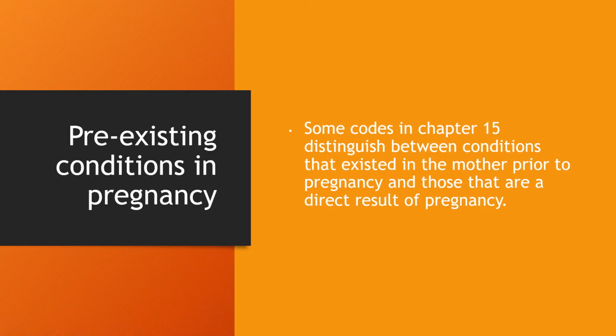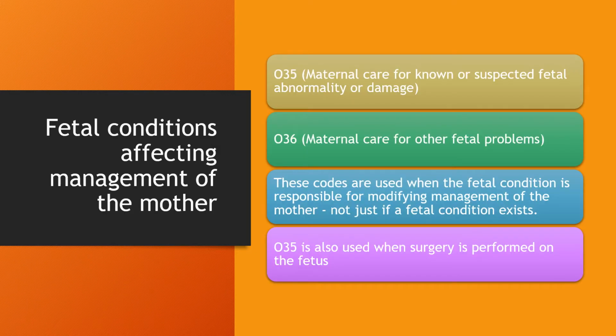Pre-existing conditions in pregnancy. Some codes in this chapter will distinguish between conditions that existed in the mother prior to the pregnancy and those that are a direct result of the pregnancy. This chapter also contains codes for fetal conditions affecting the management of the health of the mother.